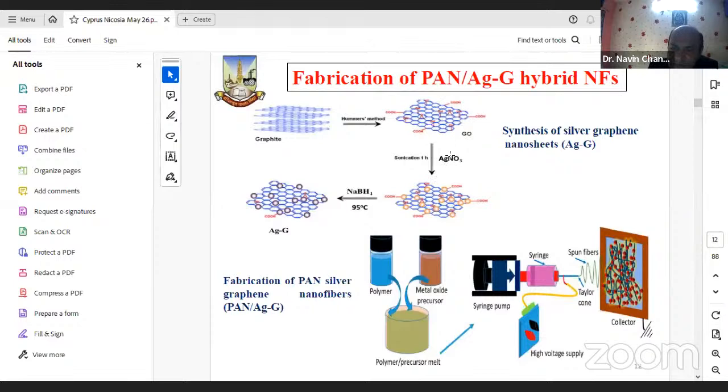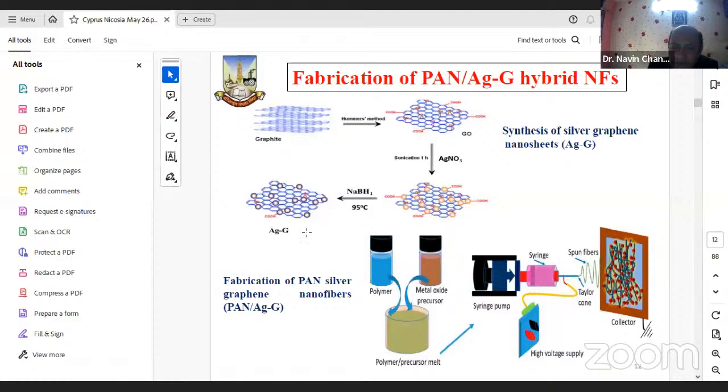We then subject the entire solution to sonication for 1 hour, with 5 seconds on and off condition. Once the process is completed, we have such a structure. We add sodium borohydride as a reducing agent at 95 degrees centigrade, and we get silver graphite hybrid.